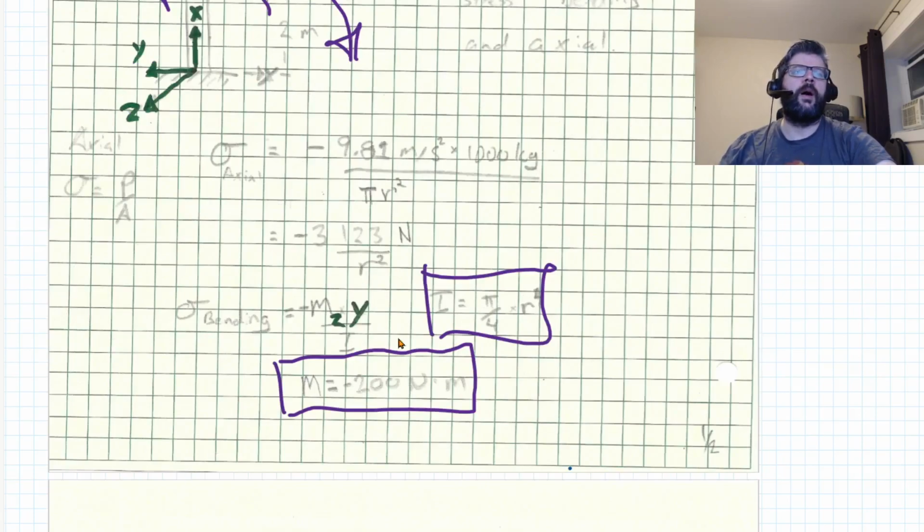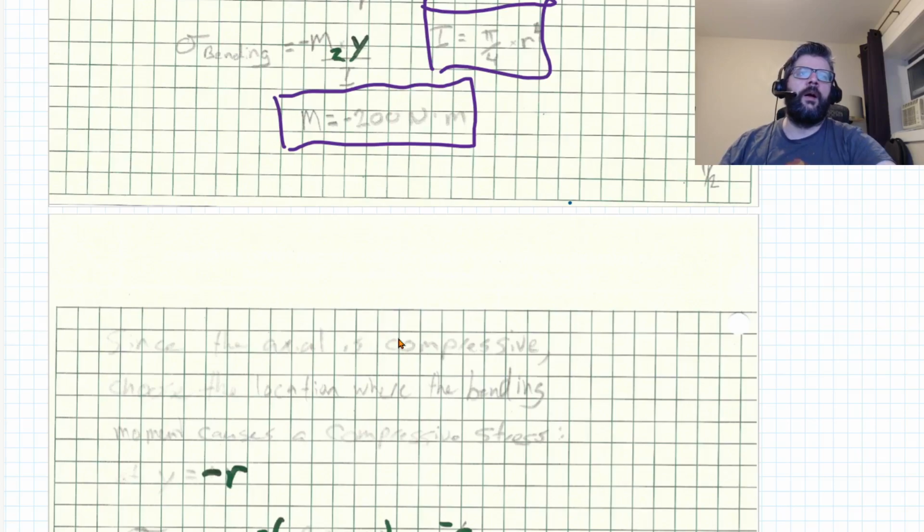And then the y. We need to pick the y at the point where the stresses induced are compressive, because the axial force is compressive as well. So we're worried about the worst case scenario here, and we need to choose the case where that's causing a compressive stress.